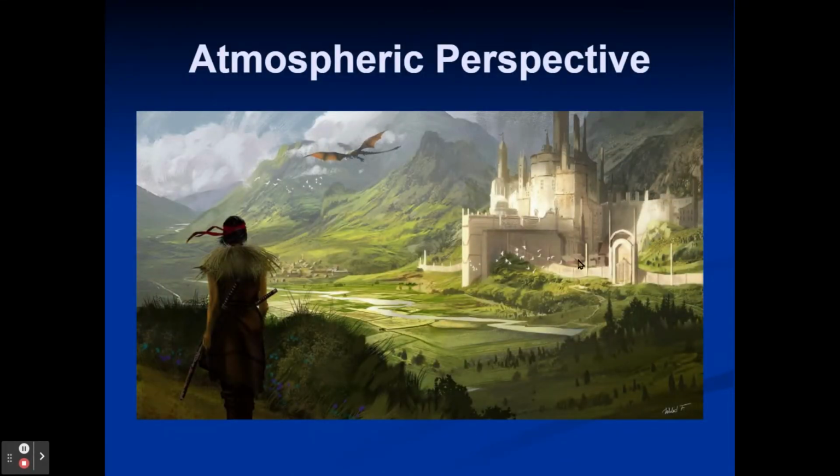Atmospheric perspective is still perspective. We're going to focus on linear perspective in this unit, but the concepts are the same and very interchangeable. When you look at the figure, we have our foreground. She's very detailed. You see all the details in her feathers, all that good stuff. As you get to the middle ground, you can see the farmland, a path, trees.